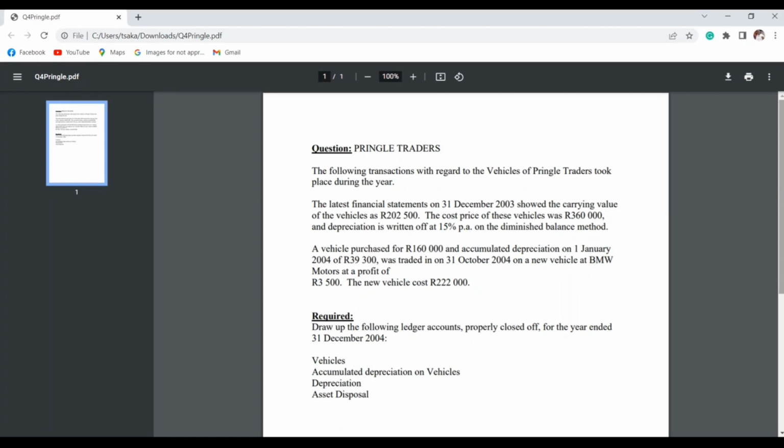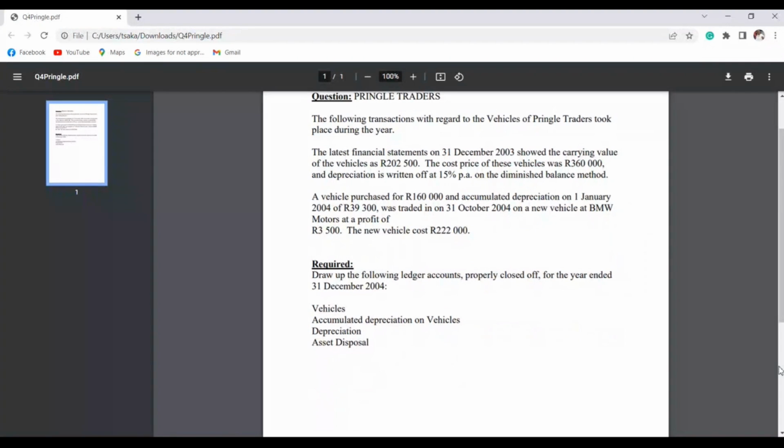Draw up the following ledger accounts, properly closed off or balanced off, for the year ended 31st December 2004: vehicles account, accumulated depreciation on vehicles, depreciation, and asset disposal.